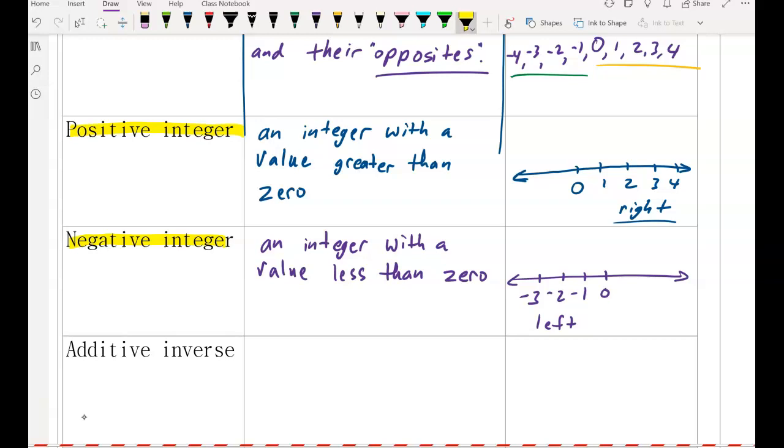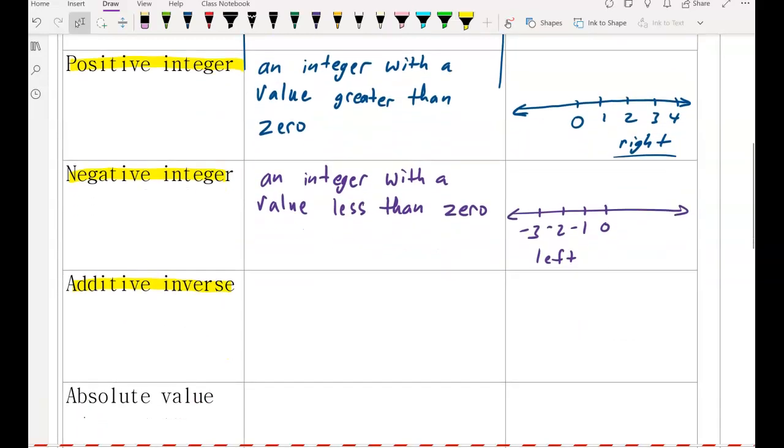We are moving right along onto, what is an additive inverse? Oh my gosh, an additive inverse. That sounds very mathy and intelligent. It's actually pretty easy. An additive inverse is just a number's opposite.